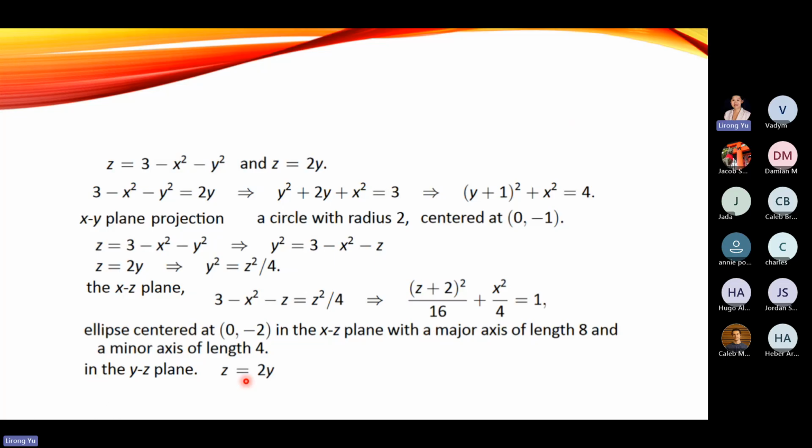And in the yz plane, it's still the same, it's still a plane. So it's a line actually. If we talk about the projection inside the plane, it is a line inside the yz plane. So this is about how we identify a relation between two variables after they were projected onto the coordinate plane.